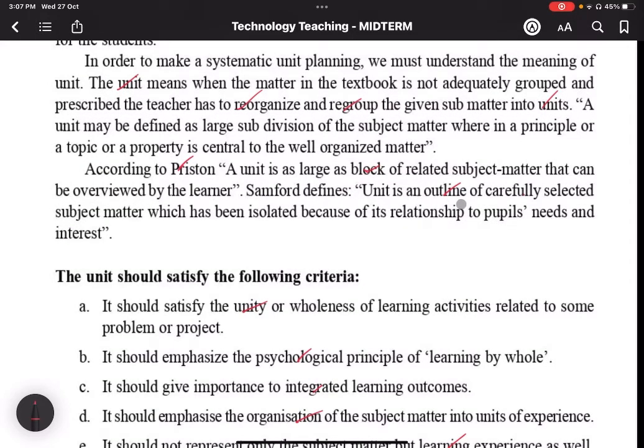Unit is an outline of carefully selected subject matter which has been isolated because of relationship to pupils' needs and interest. So tinetake into account natin sa paggawa ng unit or as a definition of unit, yung needs and interest ng students. Okay? So unit is an outline, taking into account carefully selected the needs of the pupils.